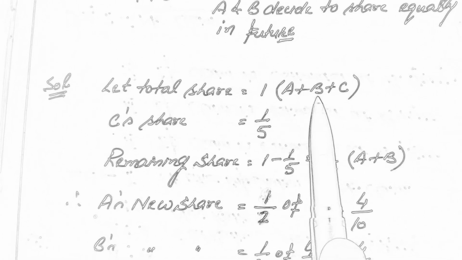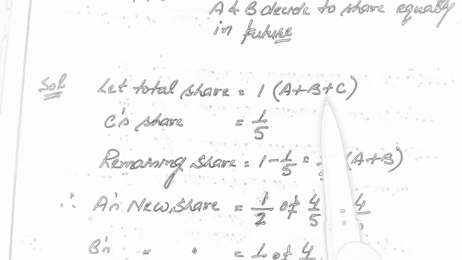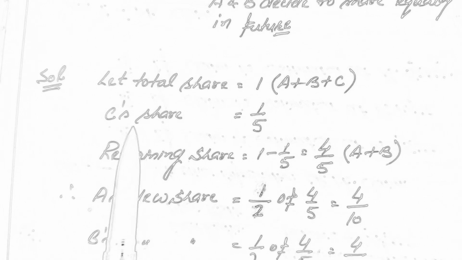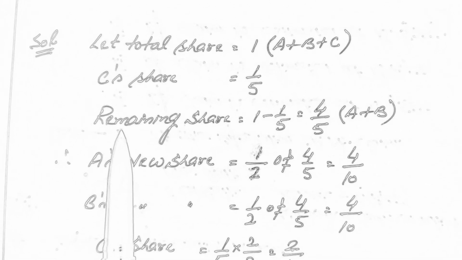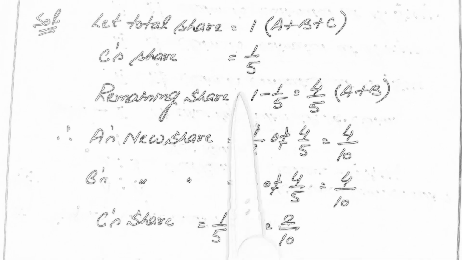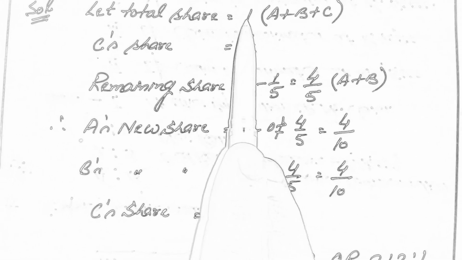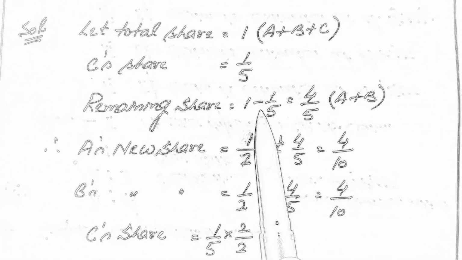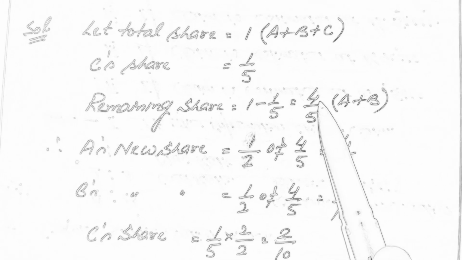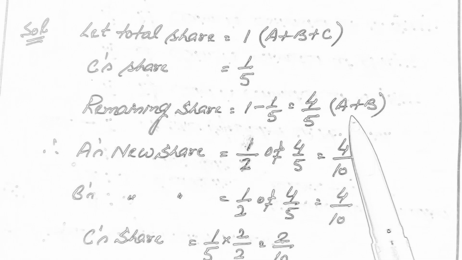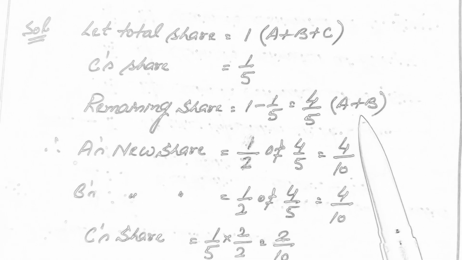Here total share means the share of all the partners A, B and C. The new partner C's share is given as 1/5. Now we will find the remaining share by subtracting the new partner's share from the total share. That means 1 minus 1/5 is 4/5, and this 4/5 represents the share of A and B.